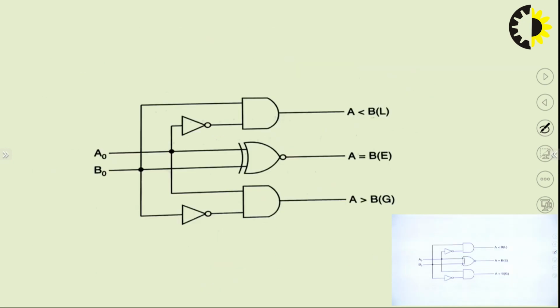So coming to this slide, here we have defined A as A naught and B as B naught.